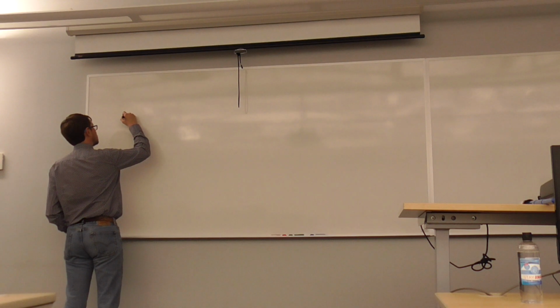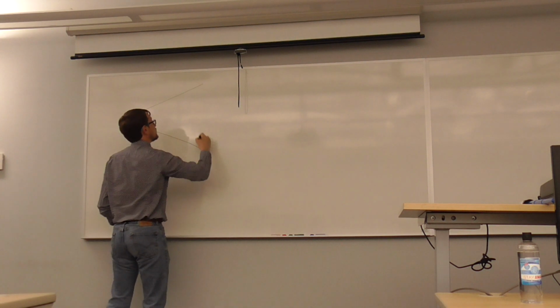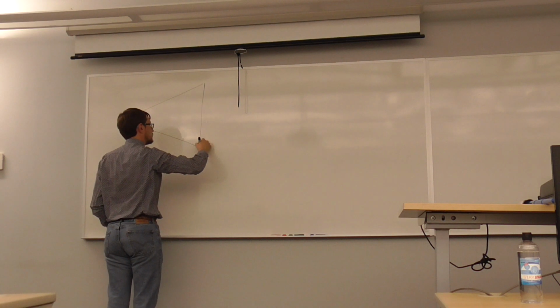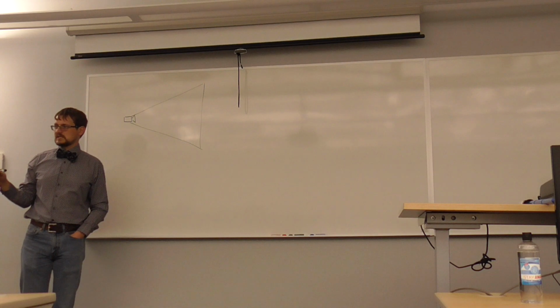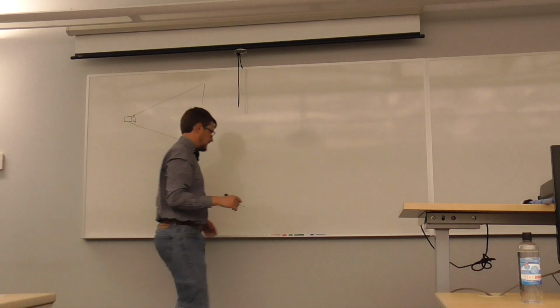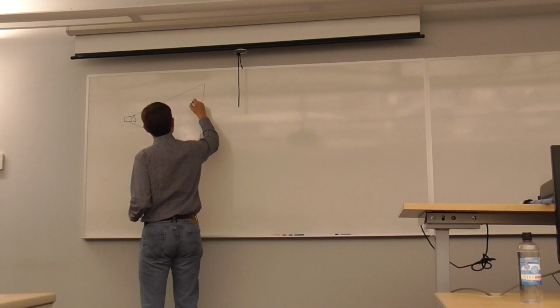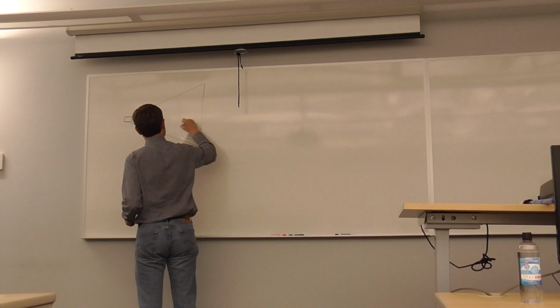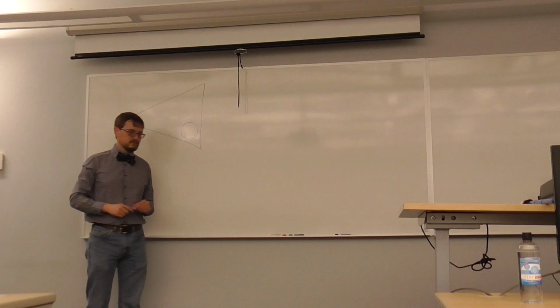You have your camera, which projects its view out into world space. I'm going to do this in 2D because it makes it simpler. Let's say that you have some object. You want to determine if the thing has been clicked on.